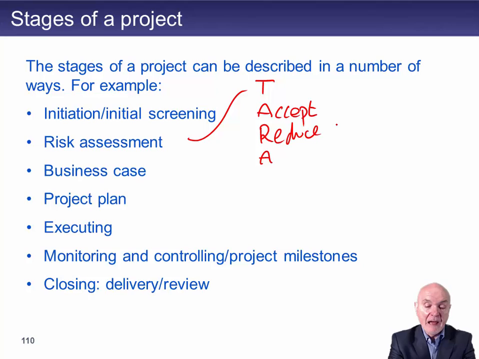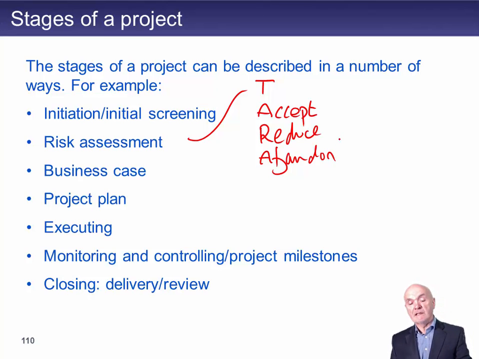Next one is you abandon the project. That's actually the last one. I'll come back to the T in a moment. But you look at the risk and you say, if this goes wrong, this is just disaster. I'm not even going to go there. So you look at this project and you say the risks are just far too high for me to go into.